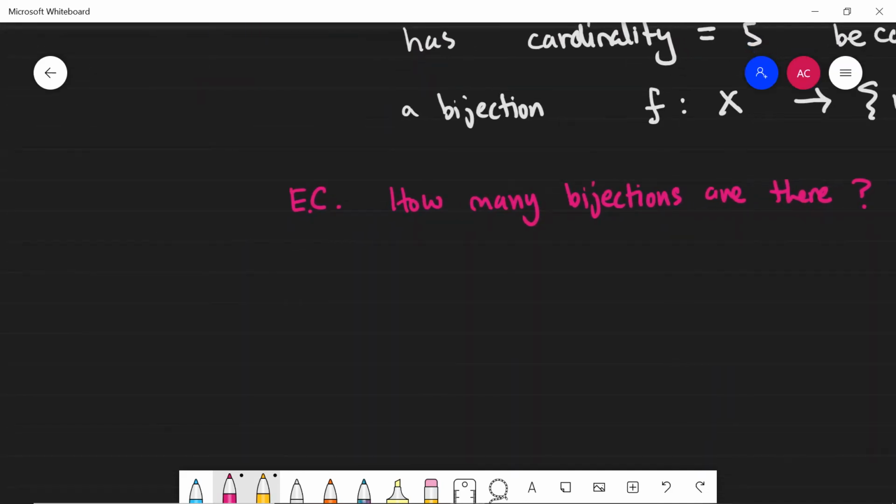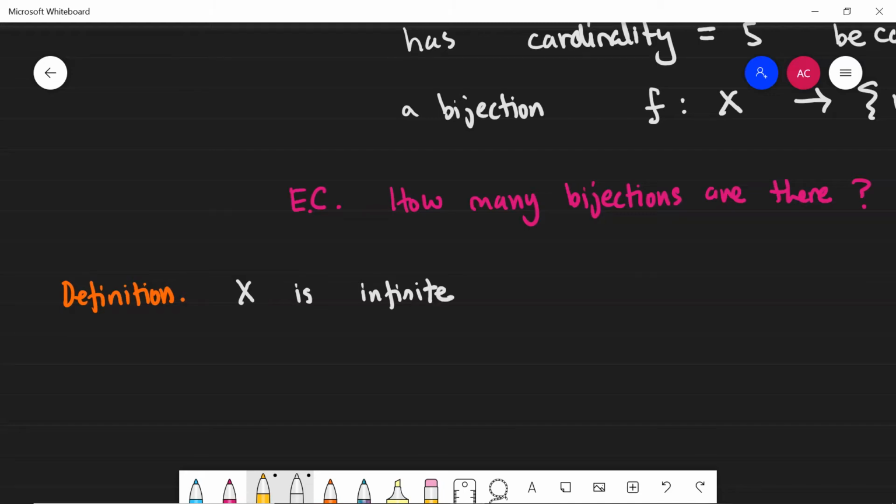So now let's talk about what an infinite set is. This is another definition. Infinite means not finite, right? So not finite means that there is no such bijection.